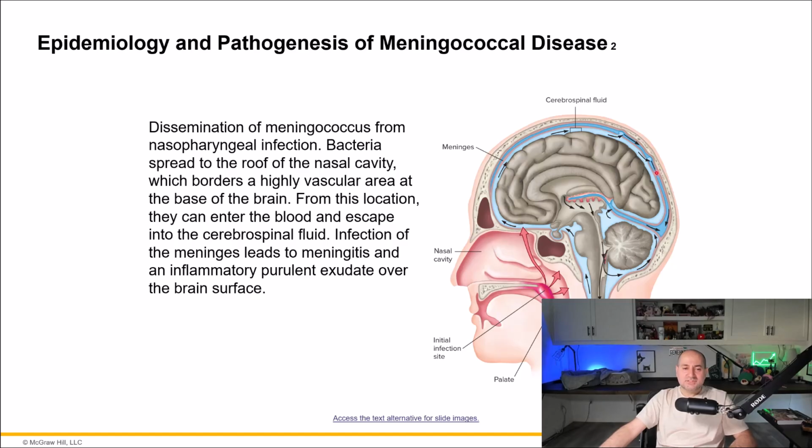And this results in inflammatory, purulent exudate over the brain surface. And this swelling of the brain membranes can actually result in death. So this is a highly, highly risky infection.